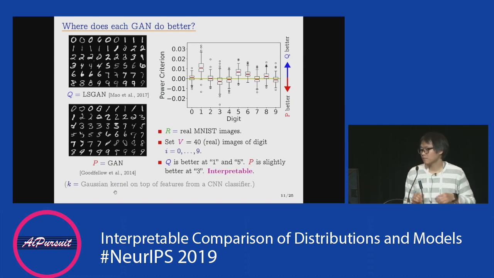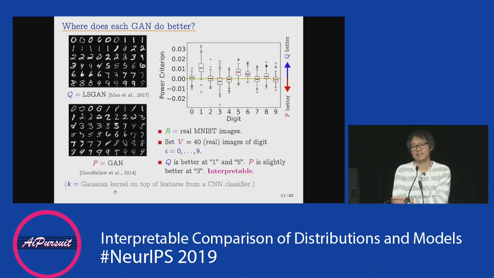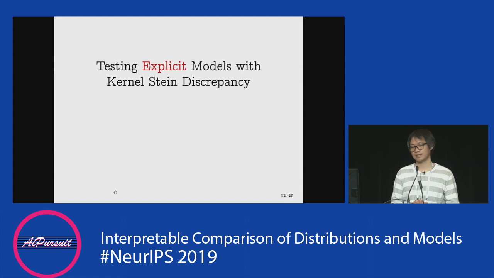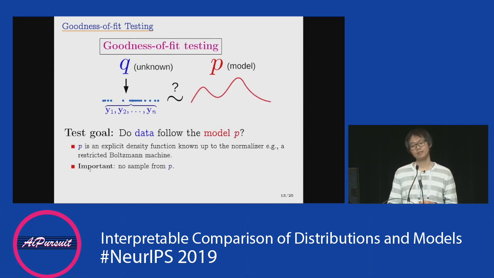Okay, so I would like to move on to the last part of the tutorial, which is on testing explicit models with kernel Stein discrepancy. So far, this is the setting, right? It's 2-sample testing, where the 2 underlying distributions are represented by 2 sets of samples. But in this part, P is going to be explicit. So P will be an explicit density function known up to the normalizer.